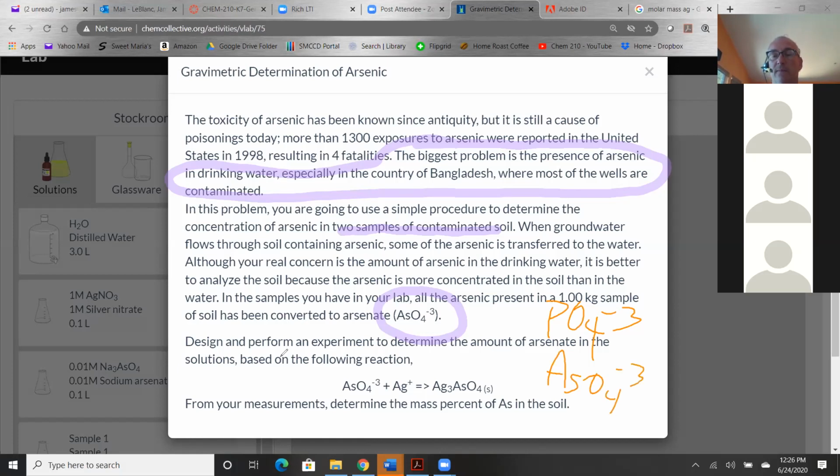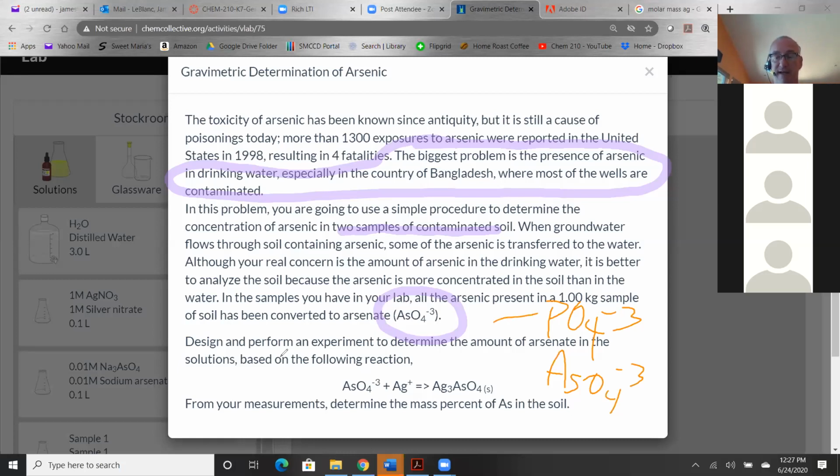That's also -3. It's just another example of the periodicity of the elements in the periodic table. If one element forms an ion with 4 moles of oxygen with a -3 charge, the one below it is probably going to form the same thing, and that's true here.